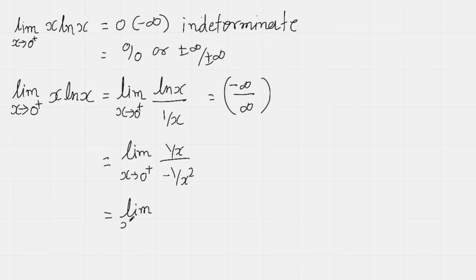So this is the limit as x approaches 0 from the right side of 1 over x times x square over minus 1. So x and x will cancel out, and we will have the limit of negative x as x approaches 0 from the right side. So this is equal to 0.